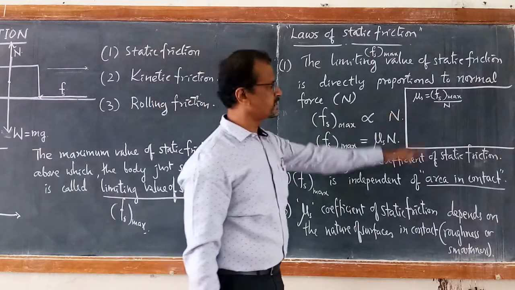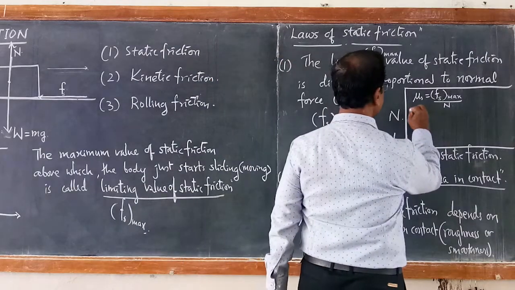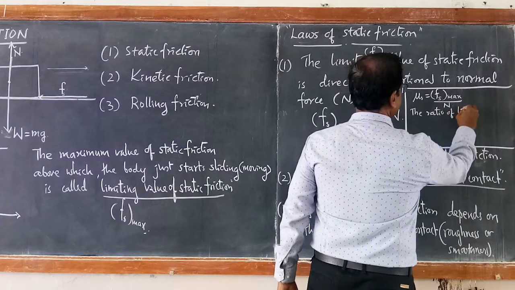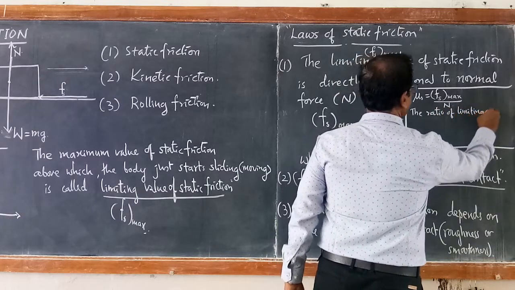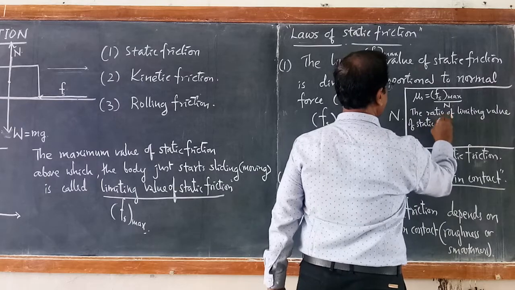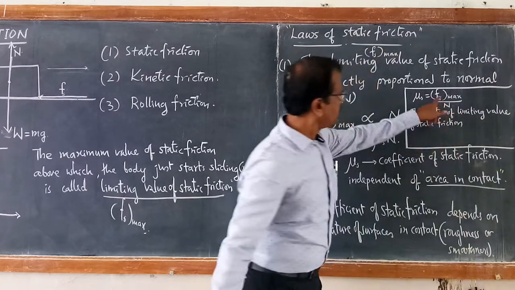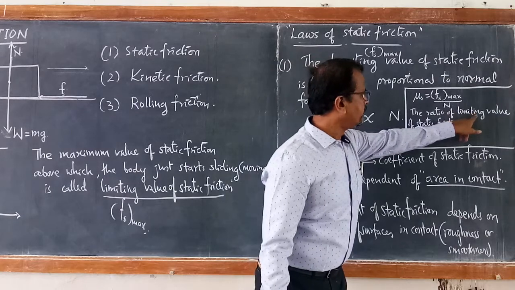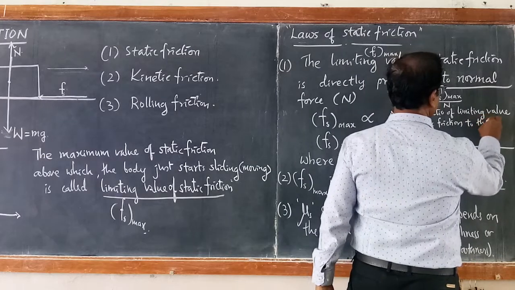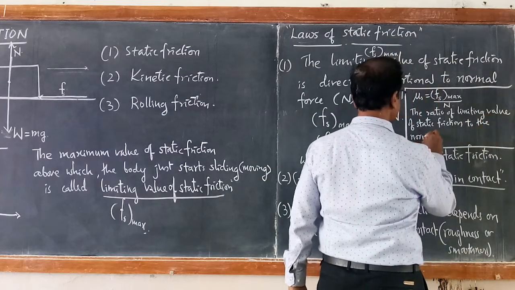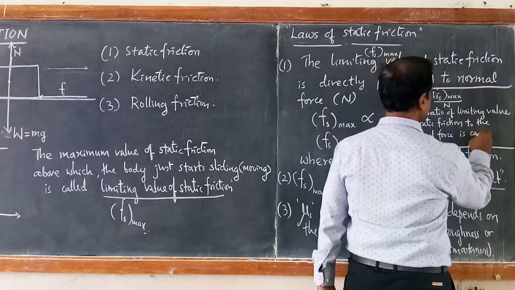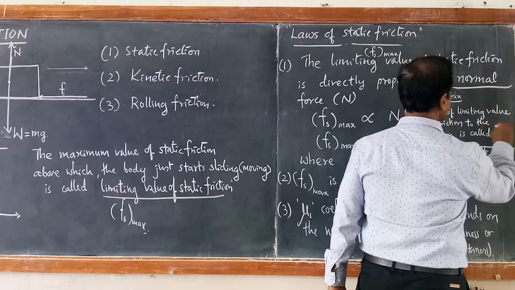So the coefficient of static friction is defined as the ratio of the limiting value of static friction to the normal reaction, or normal force. This is called the coefficient of static friction, Mus.